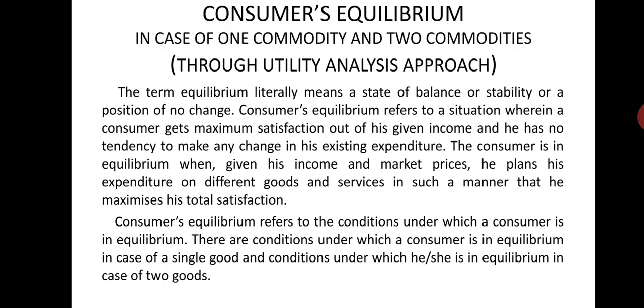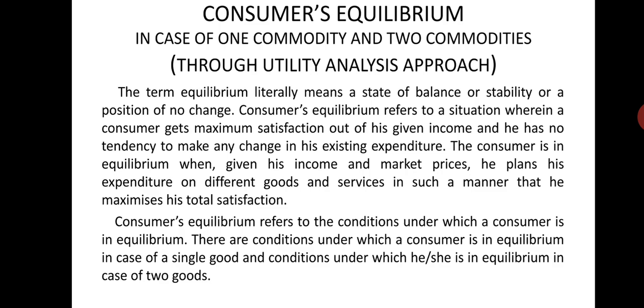Consumer's equilibrium refers to the condition under which a consumer is in equilibrium, right? Consumer's equilibrium always refers to the conditions in which a consumer can get maximum total satisfaction, so that he will not want any further change from that position as he is in equilibrium.